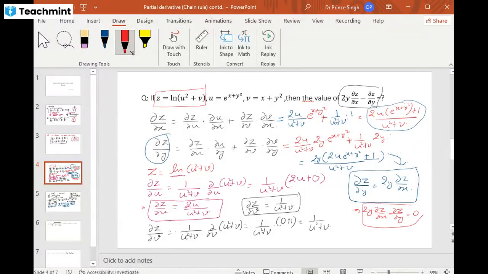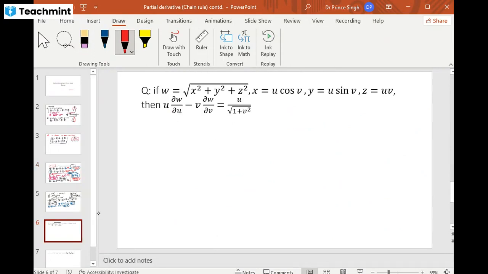So the value of this particular expression is 0, because 2y is common and the rest is nothing but ∂z/∂x only. So ∂z/∂y is equal to 2y times ∂z/∂x, and hence we get the solution of this problem. Here we have used the chain rule, case number 1 and case number 3.